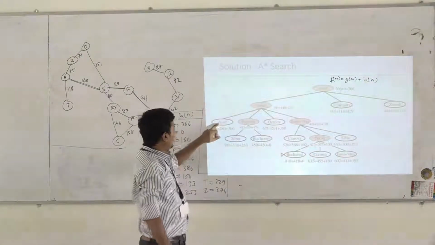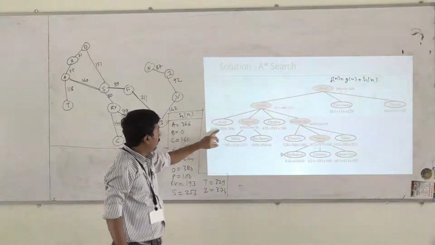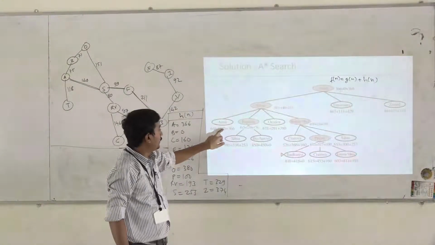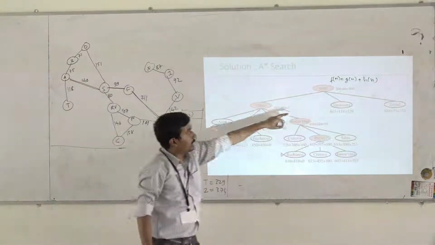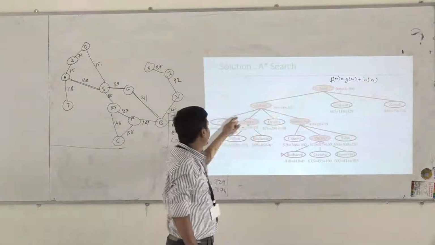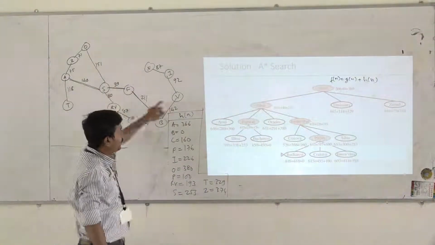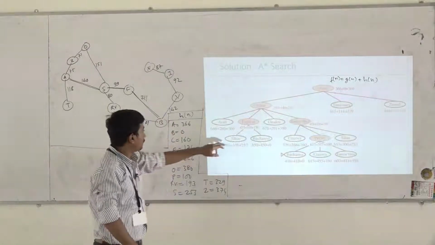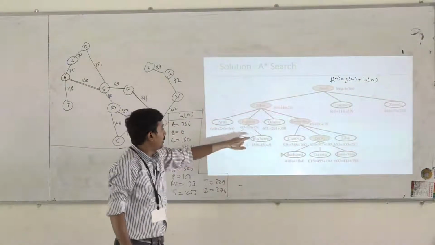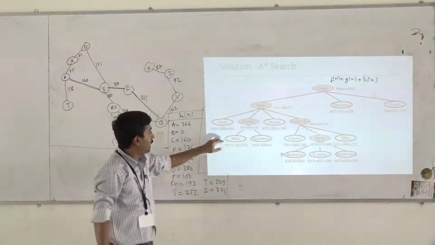Again, A is a neighbor of S, so we have this option also. Now the path cost of A is 280. Why? 140 plus 140, because you started with A. For F it is 140 plus 99, that is 239, plus the heuristic value, which is 176, and so on.